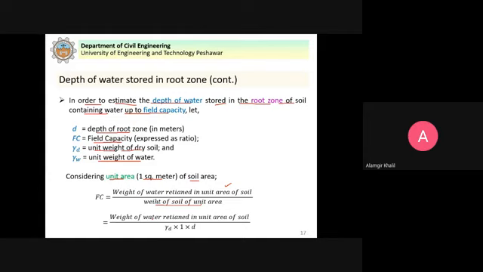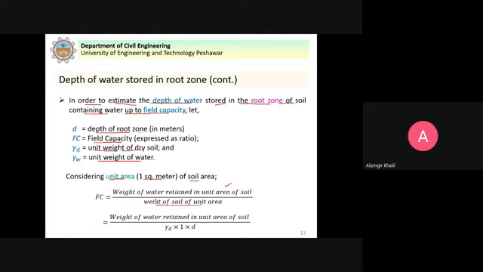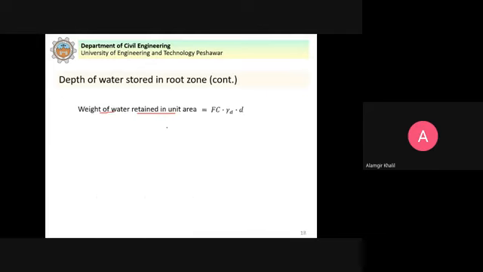Now if I want to calculate the weight of water retained, it will be the field capacity multiplied by this quantity. So the weight of water retained in unit area will be equal to field capacity into gamma d into small d, which is the depth of root zone. Now the depth of water stored will be equal to FC gamma d into d divided by gamma w.